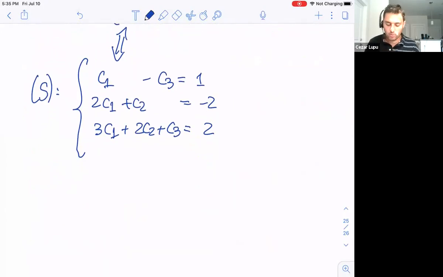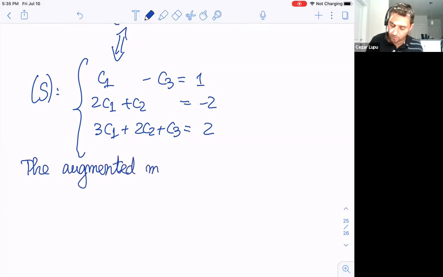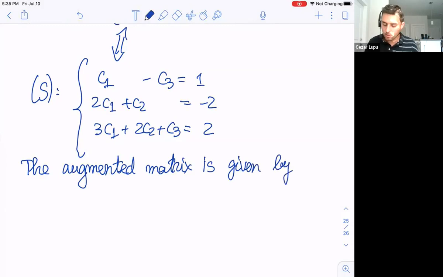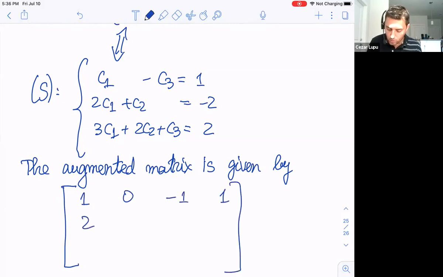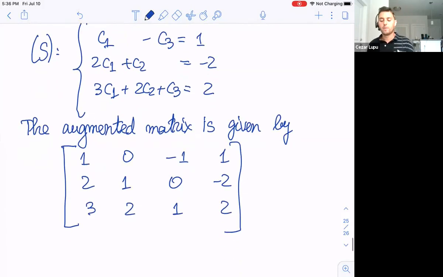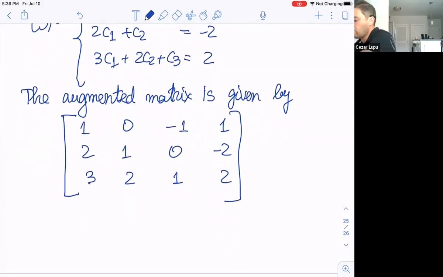If you want to write the augmented matrix of this, let's write the matrix. This will be 1, 0, negative 1, 1; 2, 1, 0, negative 2; 3, 2, 1, 2. This is the augmented matrix.